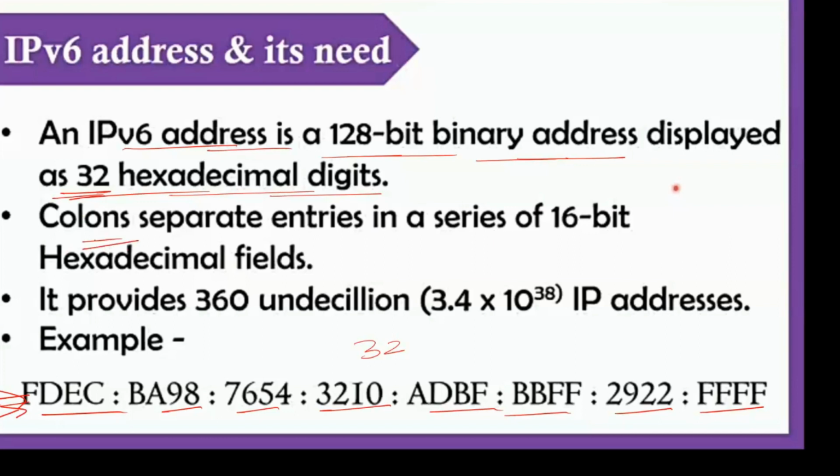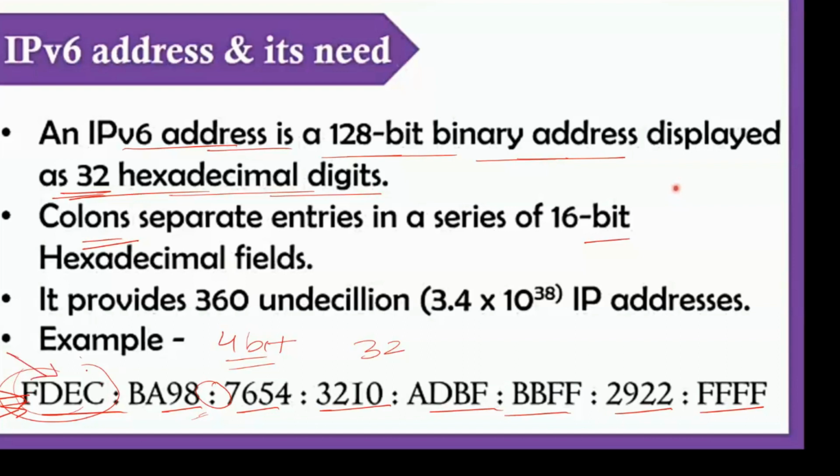Every field is separated by a colon. In IPv4 we have a dot, in IPv6 we have this colon. The size of every field is 16 bits. As we discussed earlier, if you convert a hexadecimal digit into binary, the size of a single hexadecimal digit is 4 bits.